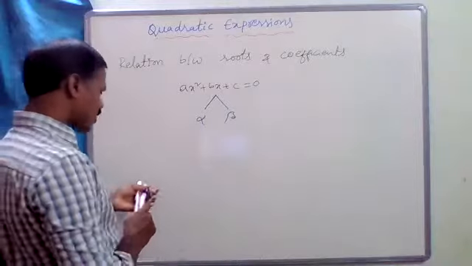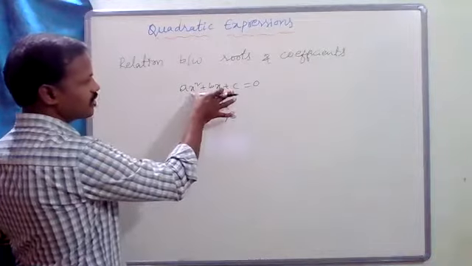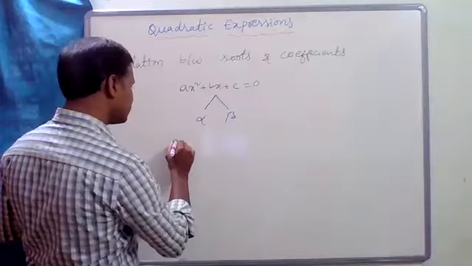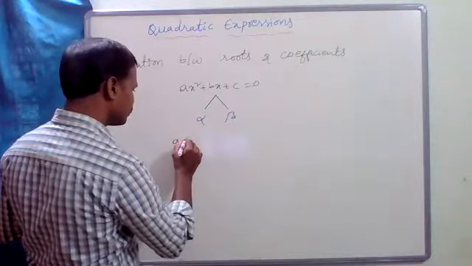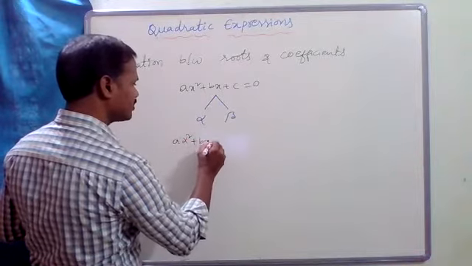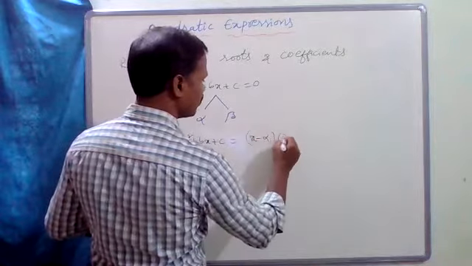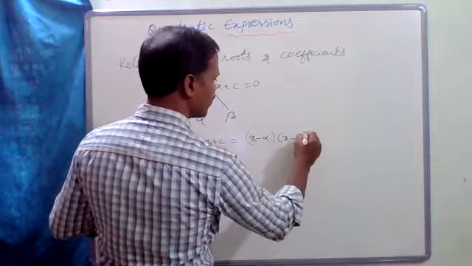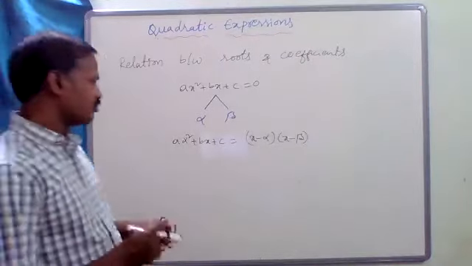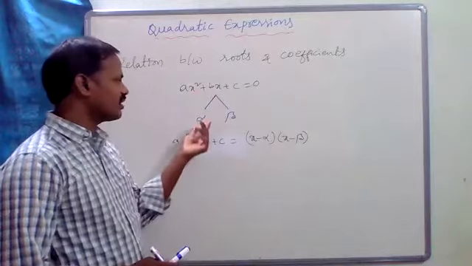Now, since alpha and beta are roots of this quadratic equation, this can be written as ax square plus bx plus c equal to x minus alpha into x minus beta, because the roots of this quadratic equation are alpha, beta.